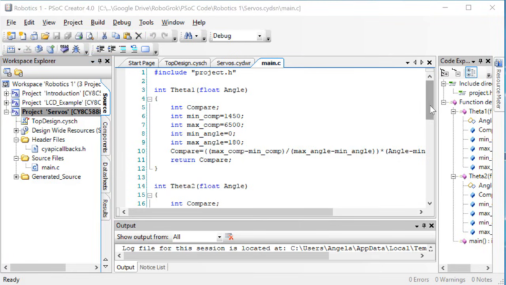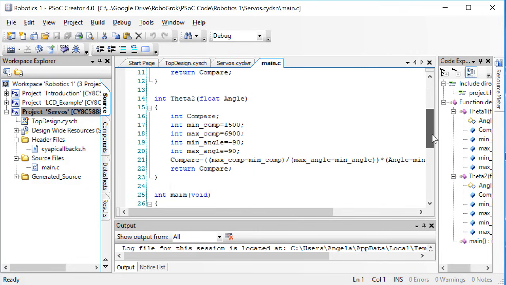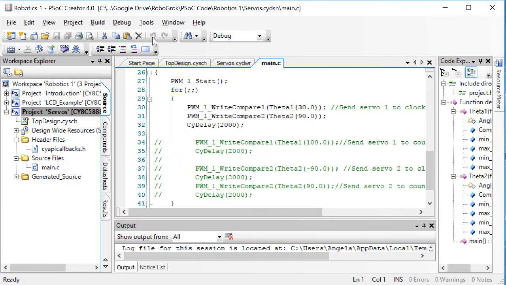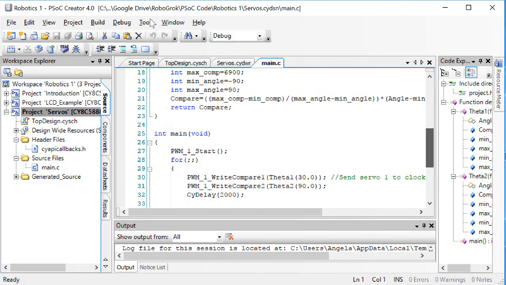The C code in the servos project simply sets two angles to the two servos. That's still what we want to do, except now we want to use our inverse kinematics equations to calculate which angles these should be given a desired x, y position of the end effector.